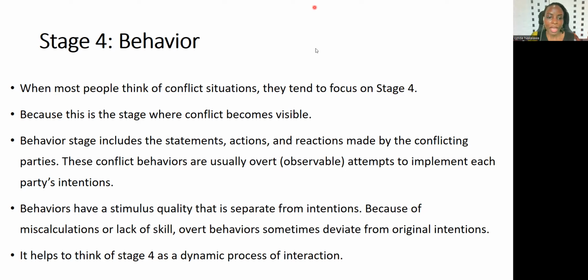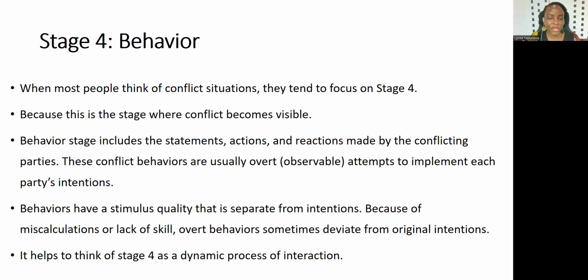And behaviors have a stimulus quality that is separate from intentions. By stimulus quality, we mean there might be some things that I intend, but maybe because I make the wrong calculation, I might not intend to sound hostile.